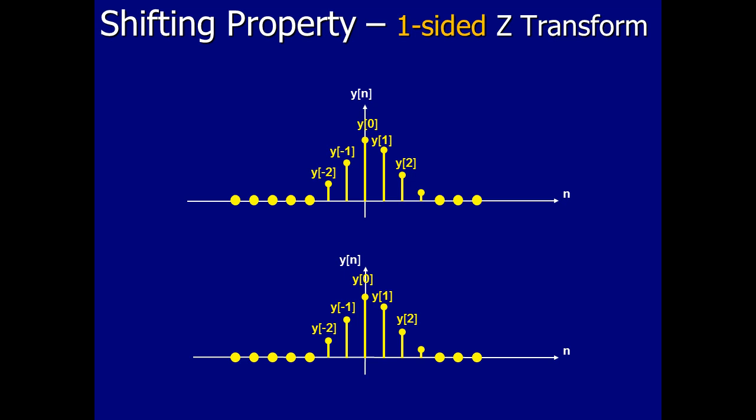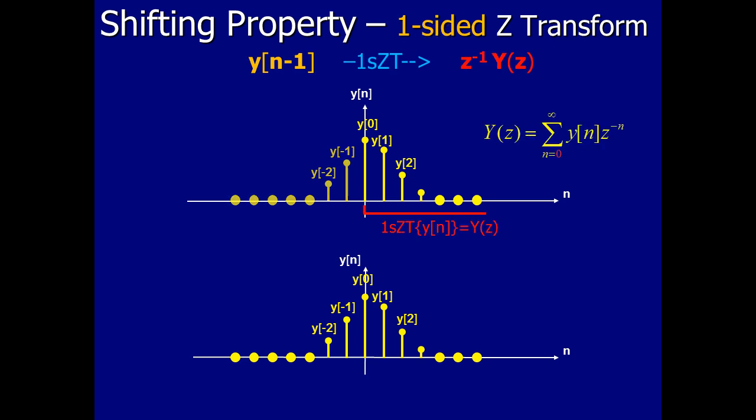Not so if I take that same signal that's non-causal by itself and find its one-sided Z transform. So let me do that. We'll take y of z as just the sum beginning at n equals 0. So I've ignored all this other data when I take my transform, so my transform doesn't include that information.